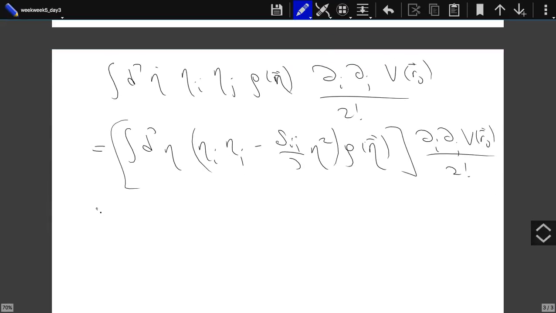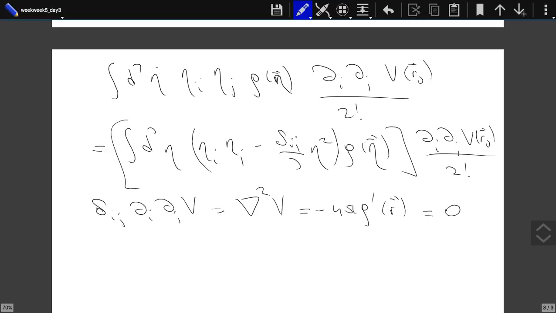Well, I could do that because Kronecker delta ij, del i, del j acting on V is nothing but the Laplacian acting on V, which is supposed to be minus 4 pi rho prime at r, rho prime being the charge distribution creating the external potential. There are no charges. The charge distribution that's creating the potential is out of the system, not at the position of the system, so this is equal to 0 at R0. This is the term that is 0.